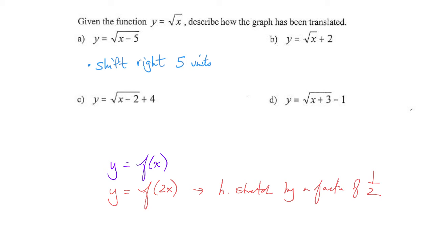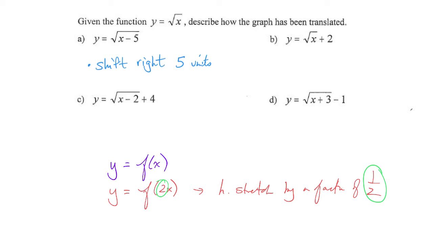Why we have to take the opposite operation aspect to determine our direction. Take a look on the inside. If I am multiplying all of my x's by 2 before I do whatever f says to do, then that means that all my x's only have to be half of what they used to be. And if I make all my x's half of what they used to be, my function gets closer to the y-axis.